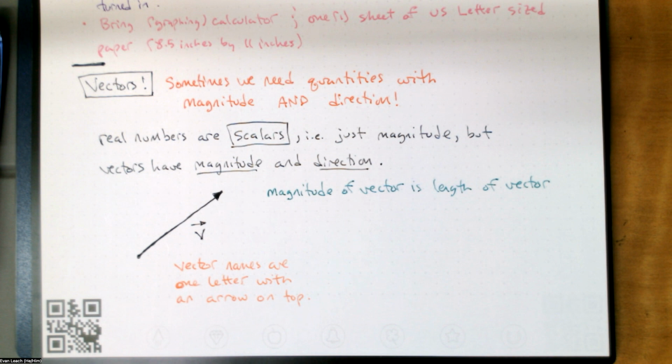If we want to write down the magnitude of a vector, we put it in double absolute value signs.